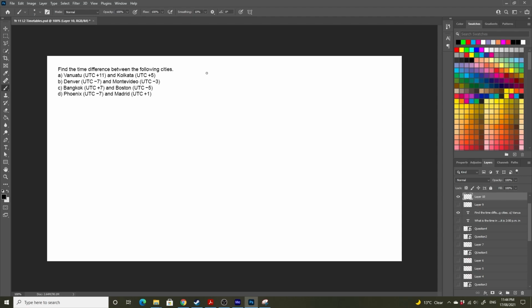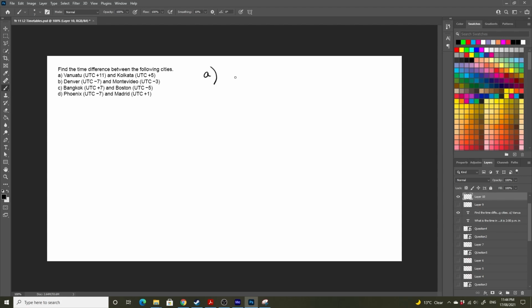So if we look at question A, we are comparing UTC +11 to UTC +5. So Vanuatu has a time zone of +11, and Kolkata has a time zone of +5.